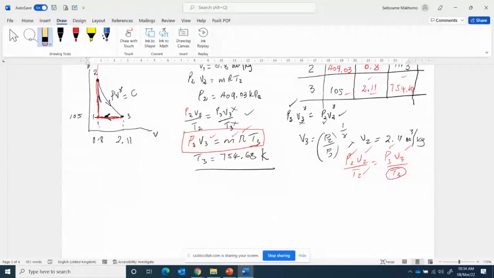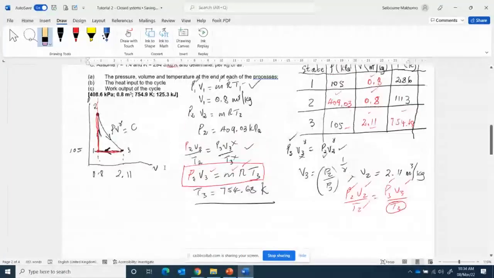All right, so let's go to the second last question. They want the heat input. In thermodynamic speak, heat input to the cycle, we call it Q net. So in future, you don't say total heat input, you say Q net.